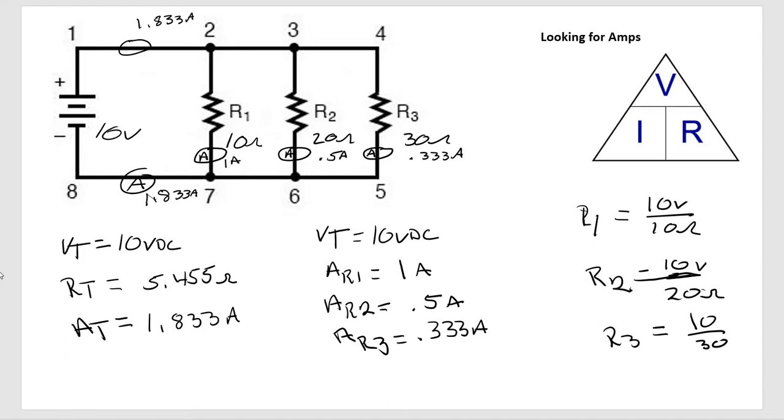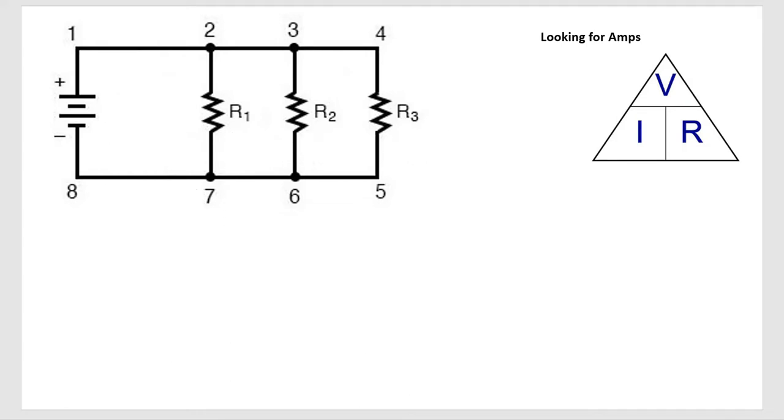All right, so we figured out resistance in ohms and we figured out amps. Let's talk about volts. So using the numbers from before, we had 10 ohms here, 20 ohms here, 30 ohms there.